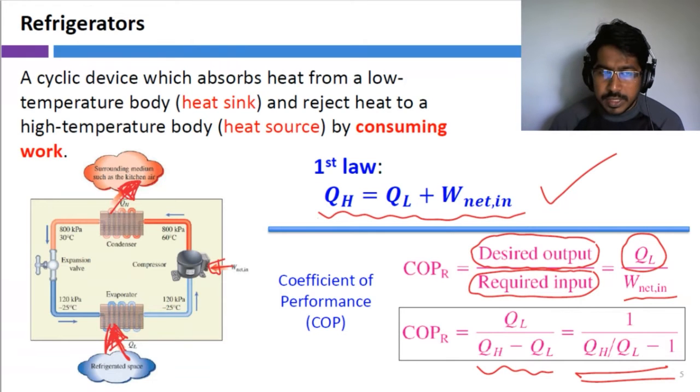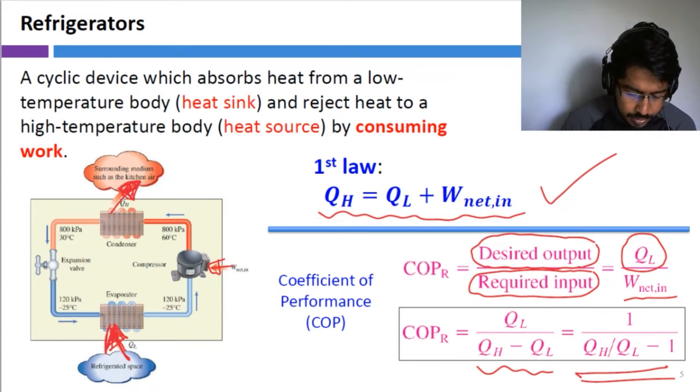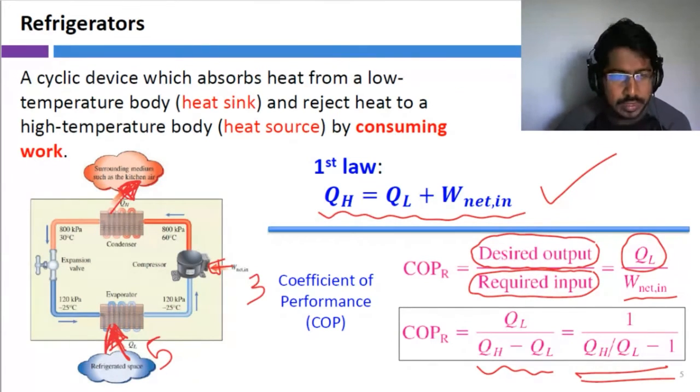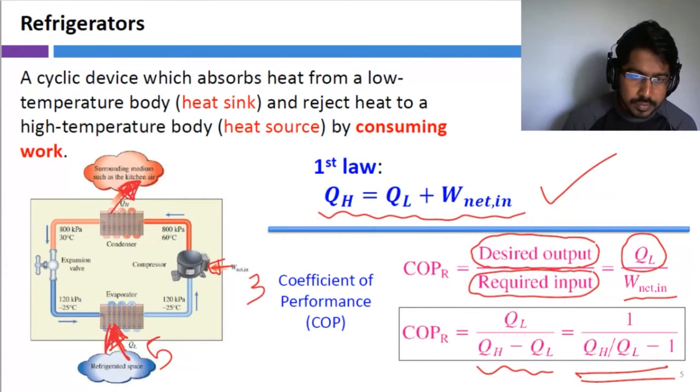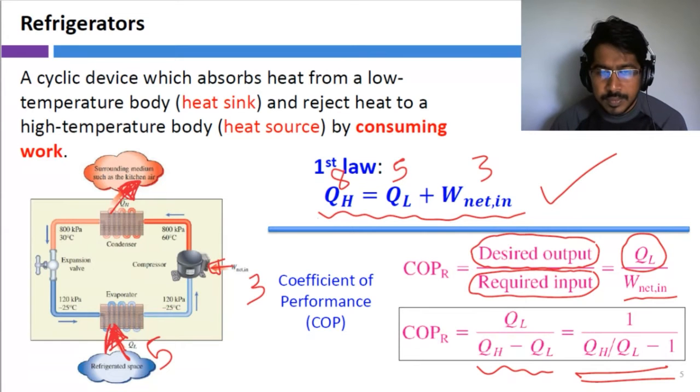Yes, heat in is positive, heat out is negative. So let's say QL is 5, W net in is 3, and then QH is going to be 8, right?